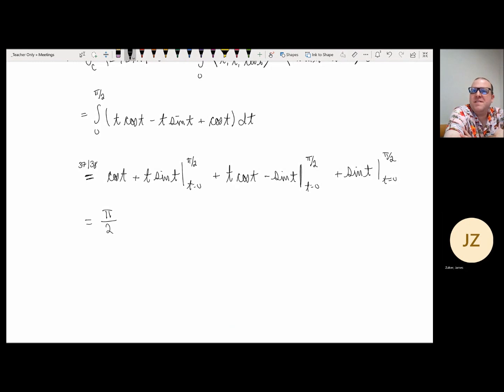Cosine of 0, sine of 0, 0, right? Actually, in this case, it doesn't matter because 0 times anything will be 0 anyway. So there's the first term. That'll be 0. Get a -1. That'll be 0 and 0, so just a -1 there. And then sine of pi over 2 is 1. Sine of 0 is 0. Work done is pi over 2 minus 1.